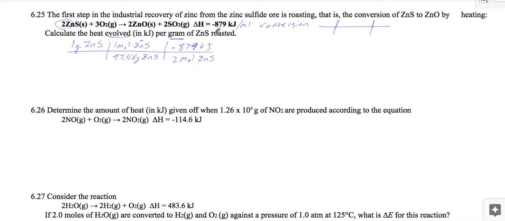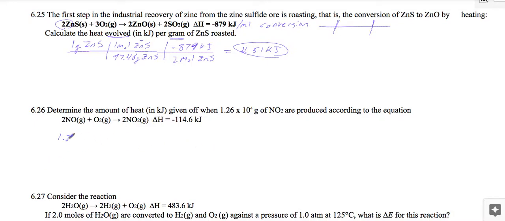Think about this in terms of like our mole ratio step. So here's our 2 moles here, so 879 per 2 moles, and we end up with our value of 4.51 kilojoules.